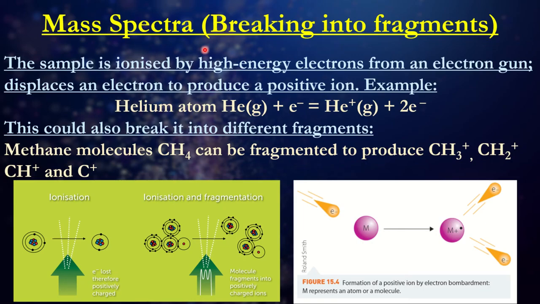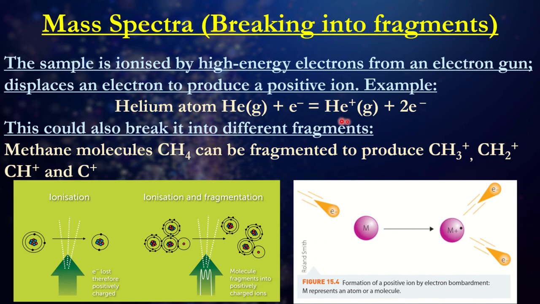So let's try and work out how everything comes together. Again, like I said, the concept of mass spectra is to break things into fragments. That can tell us the structure of the molecule, and it can also tell us the molecular mass of that molecule. Remember, the electron gun is going to use these electrons to ionize the molecule.